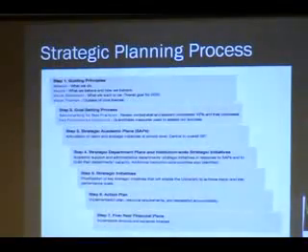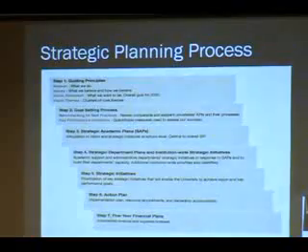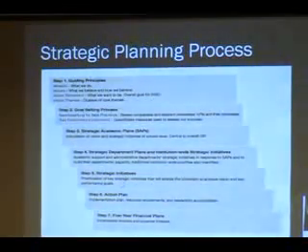Some of those strategic initiatives are academic, but pertain more to individual schools, individual programs, and the rest are more like management innovations by nature. So we got about 20 of these strategic initiatives.